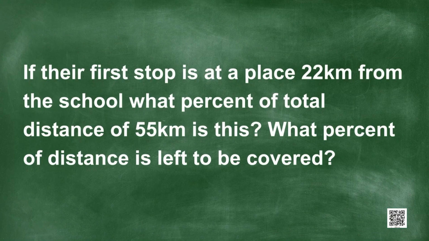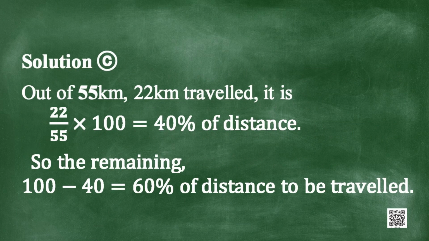Yes students, finally let's solve the last one. In the last question, it is given that if their first stop is at a place 22 kilometers from the school, what percent of the total distance of 55 kilometers is this? What percent of distance is left to be covered? Students, out of 55 kilometers, 22 kilometers is travelled.